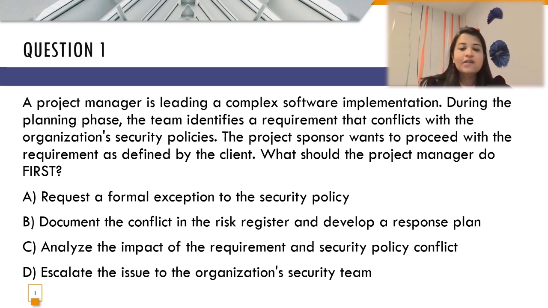Again, requesting a formal exception will be after analyzing the impact, which is option A. So options A, B and D are incorrect. Even if you need to escalate, you first need to know what impacts this particular requirement is going to create. So the correct answer over here is going to be analysis. Option C is the right answer.